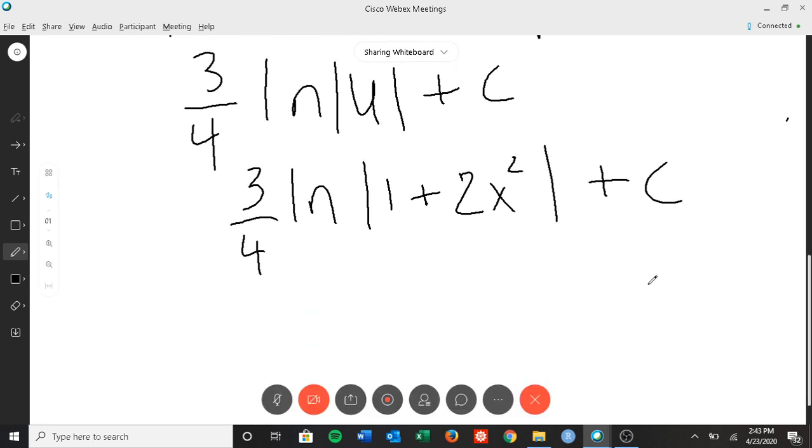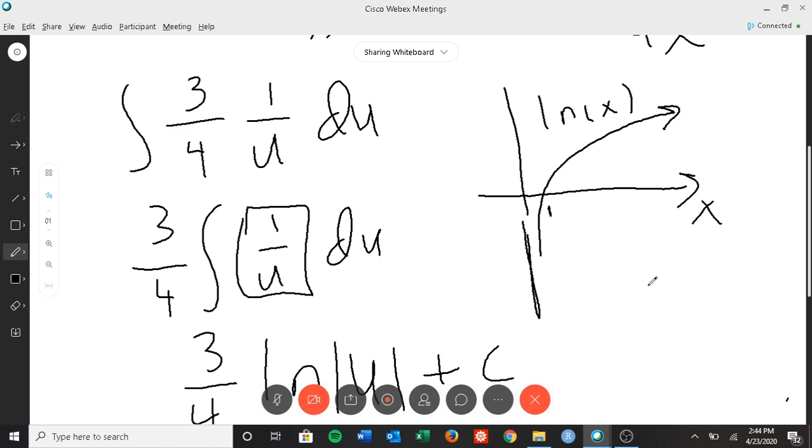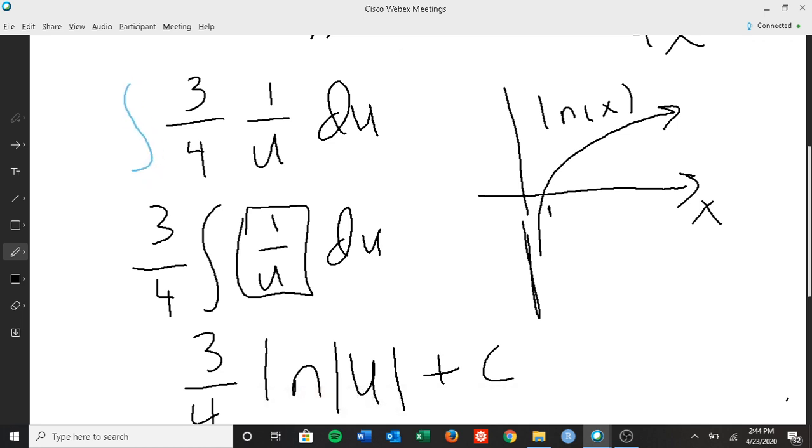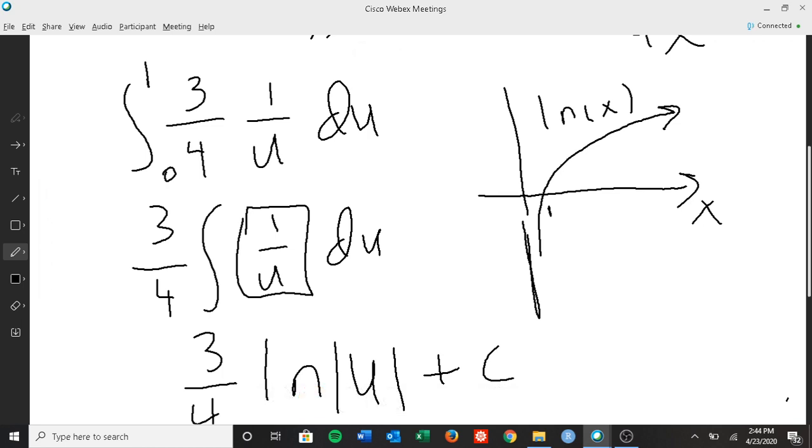So now let's consider this where we actually have a definite integral and we have bounds. So I'm going to go back to the top, and I'm going to set up bounds of 0 and 1. Now the difference between this integral and the last one is that the last one was just simply finding an antiderivative, and in this integral we're actually trying to find an area because we have bounds.